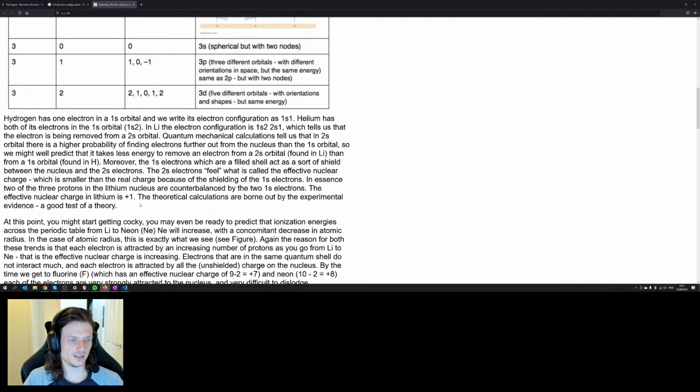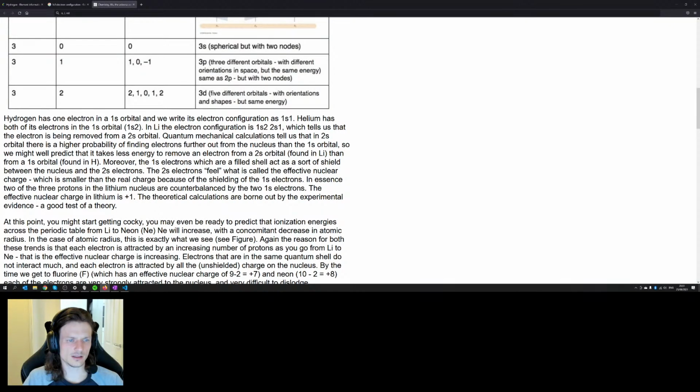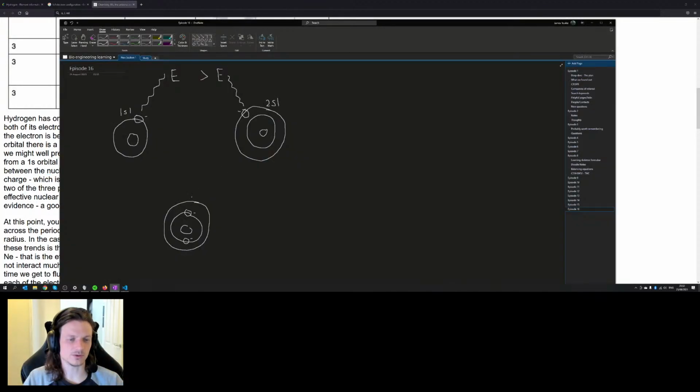If there are 2 electrons in that first one, which maxes out that shell, they act as a shield between the nucleus and the 2s electrons. Oh, I see. Okay, yes, that makes sense. So it's just simply saying that, let me get a kind of shield like this.